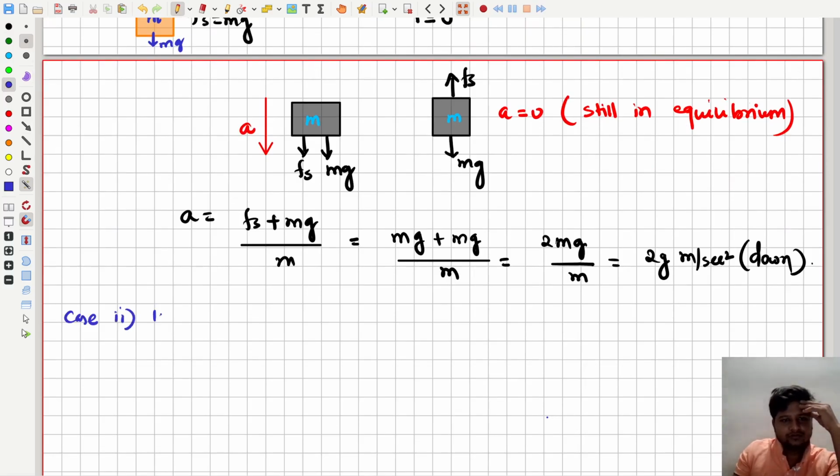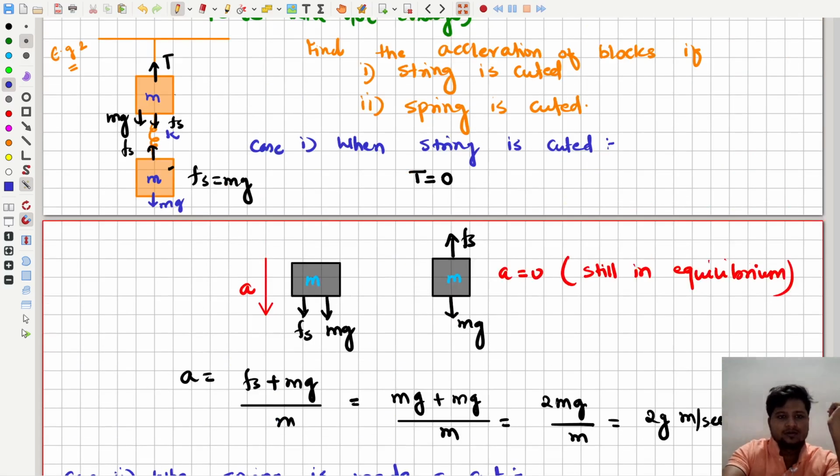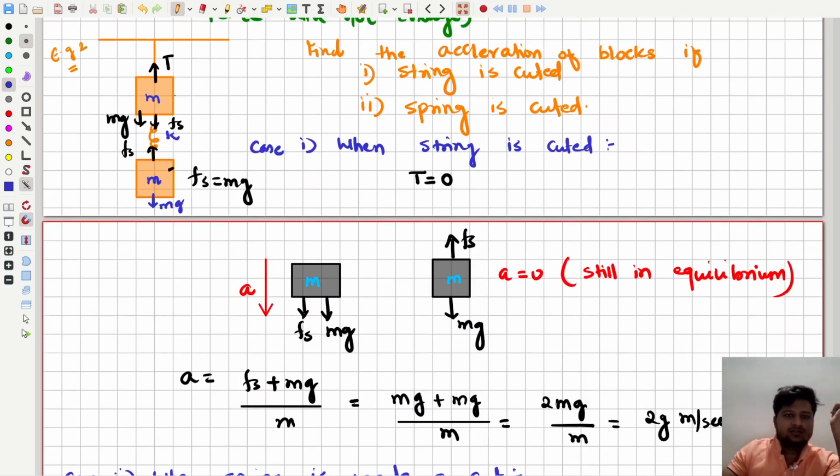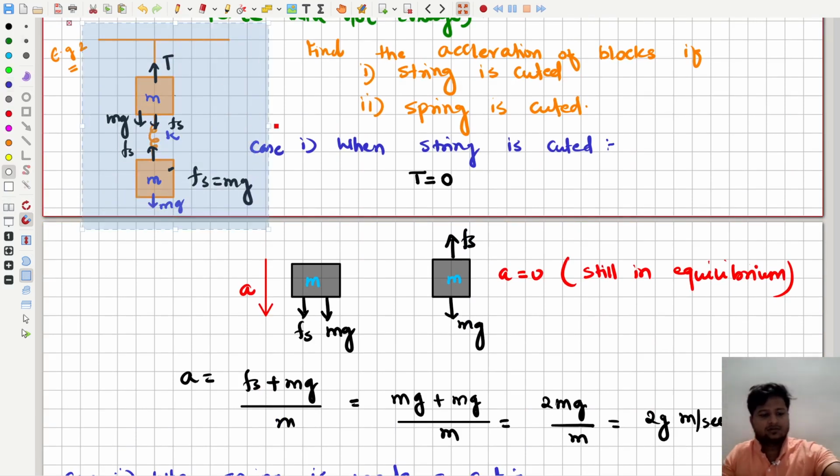Case 2, when the spring is made a cut. Okay, so let's take this example and this idea.